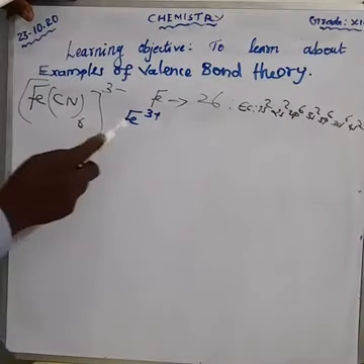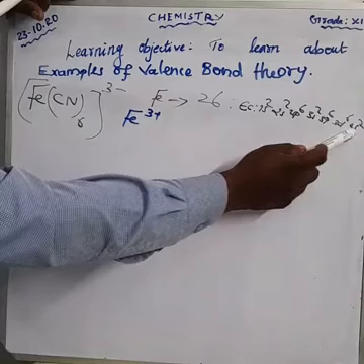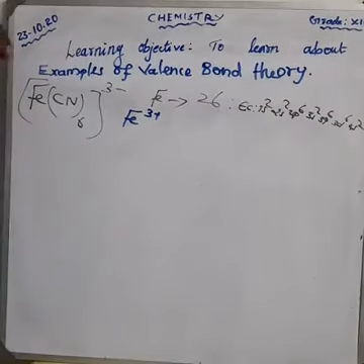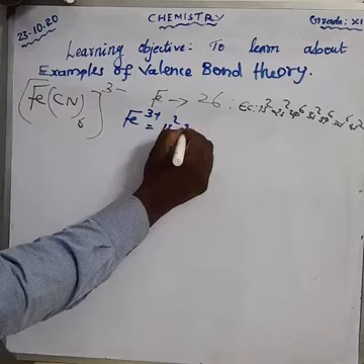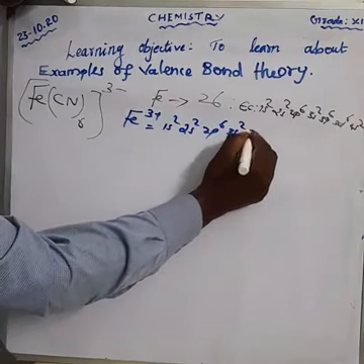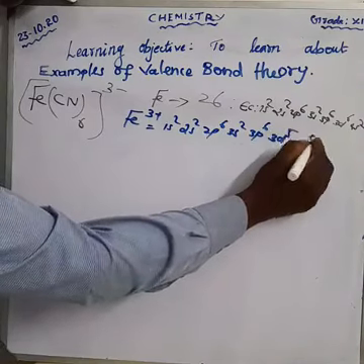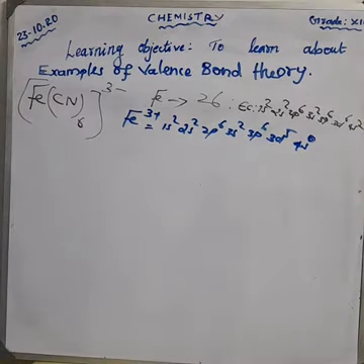Here Fe3 plus means it loses 2 electrons from 4s and 1 electron from 3d. So the configuration is 1s2, 2s2, 2p6, 3s2, 3p6, 3d5, 4s0. This is the electronic configuration.